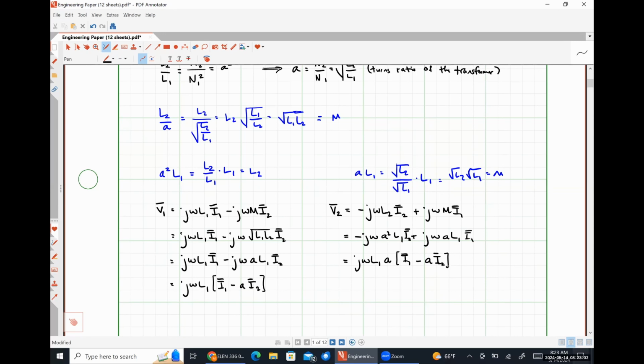So are we okay with that? The negative did not drop off. The negative is why we have a minus a I2.